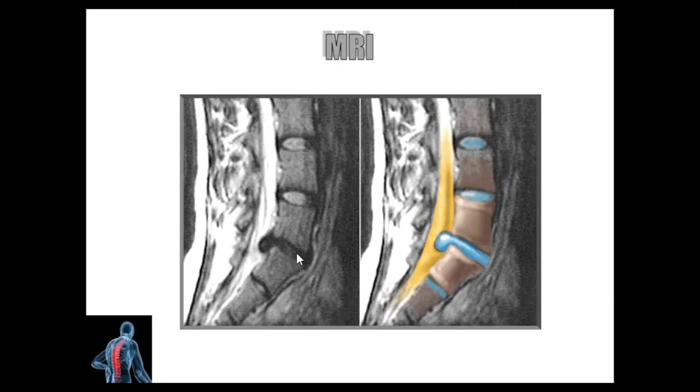If you have disc degeneration, the color becomes black. Why is it like that? Because white color means that we have a high fluid or liquid accumulation. With less concentration of water, less concentration of liquid, the color will change to black. So in our case, we have a black disc, a degenerated disc in between the L5 and S1 vertebrae.